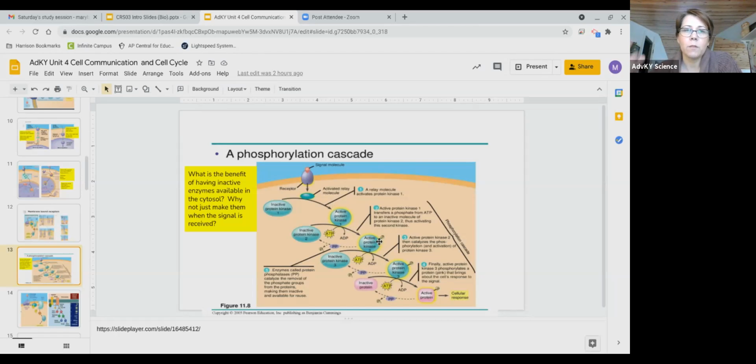And so something I feel like we are talking about is adding a phosphate to another molecule. Anytime you add any other chemical molecule to another molecule, you are changing its shape. And so if you're changing its shape, you're changing its function. And so this continues, the phosphate is coming from ATP to activate all these kinases until we get to our cell response down here.